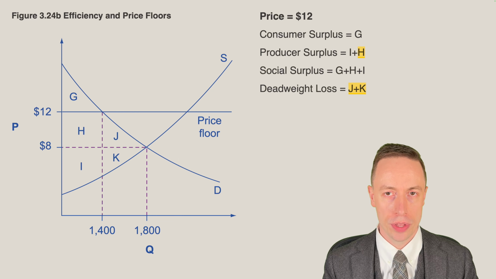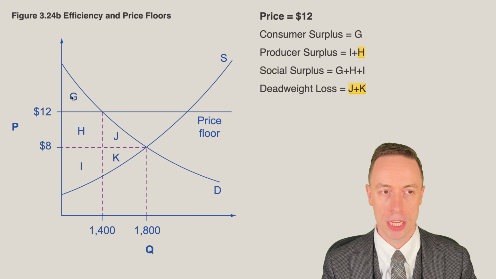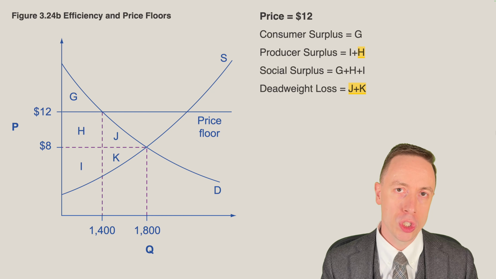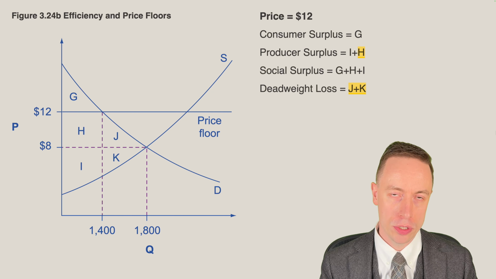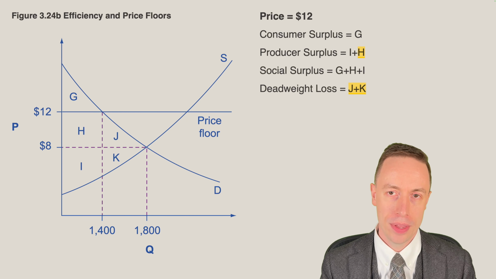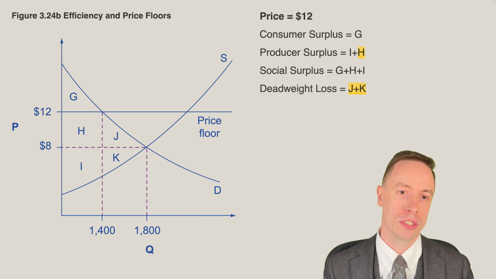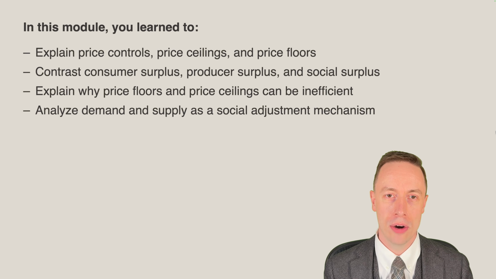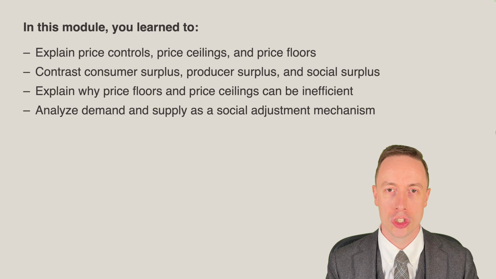In addition to that, within the social surplus that still exists, GHI, H changes hands. It's a loss to consumers, but a gain to producers. Once again, because social surplus falls, we would label this outcome as inefficient.